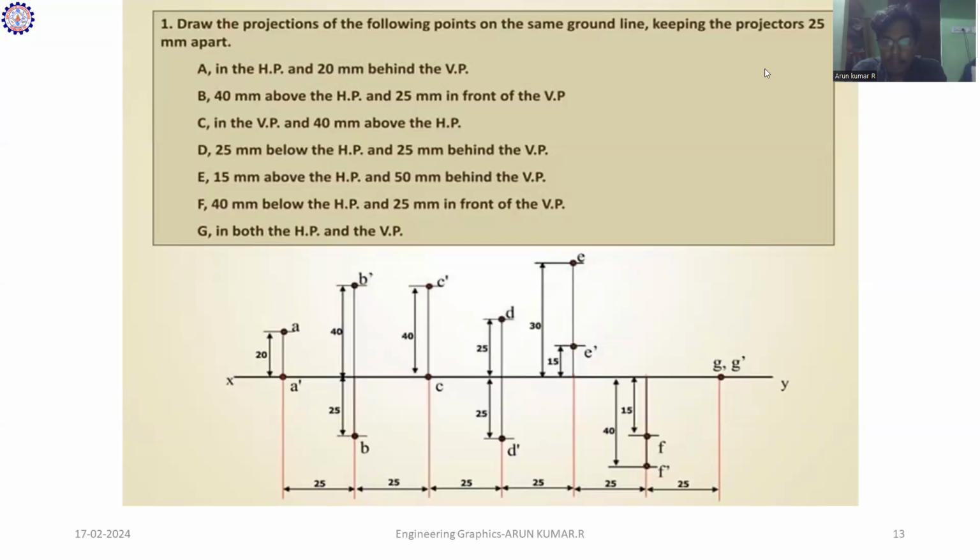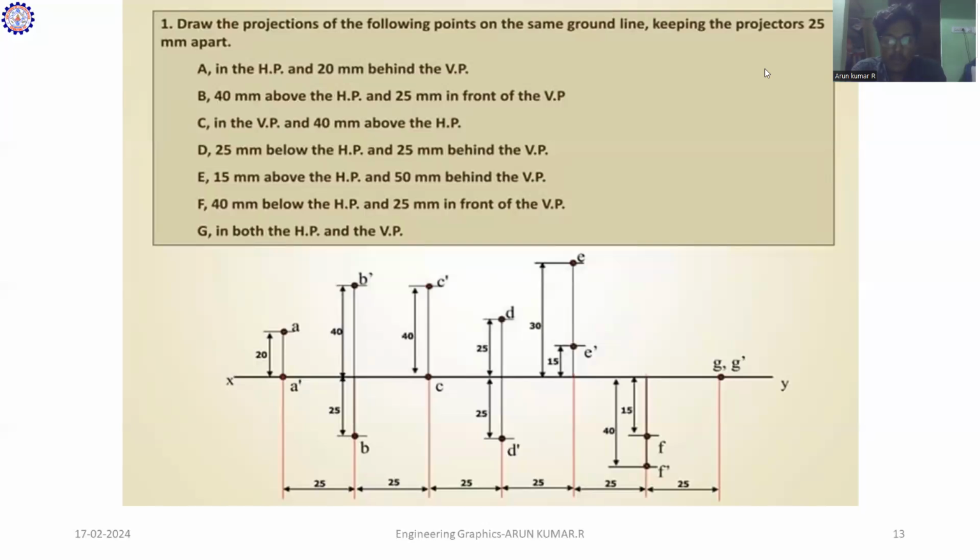Behind VP means that when you rotate the HP plane in a clockwise direction, both the vertical plane and horizontal plane overlap. So the question is based on the second quadrant. The 20 mm is behind VP, so from the reference line you mark a distance of 20 mm. That is the position of a dash, placed on the reference line of X1.